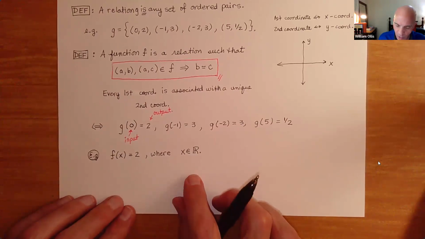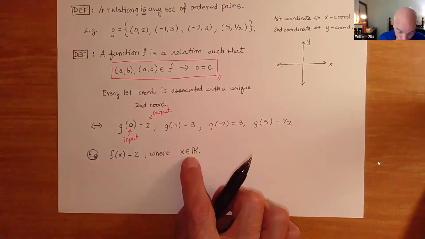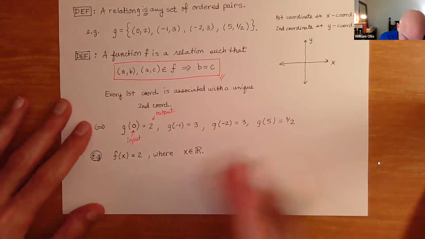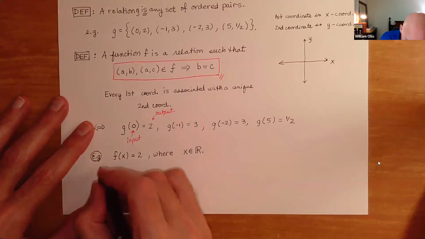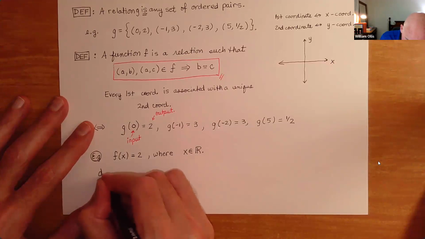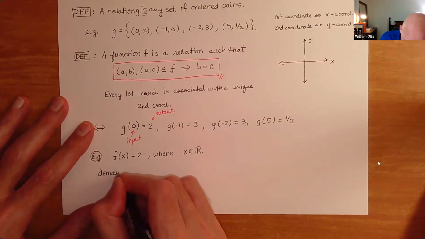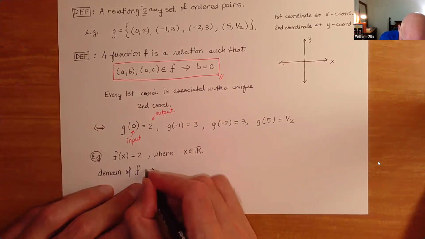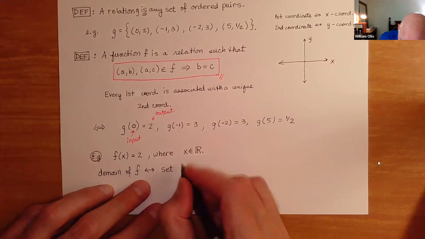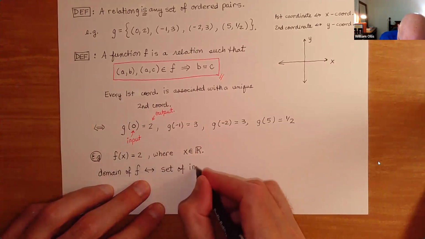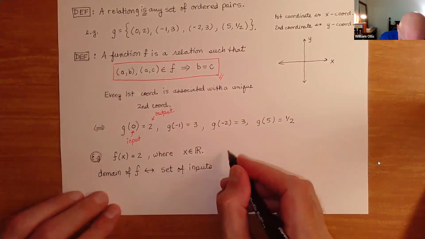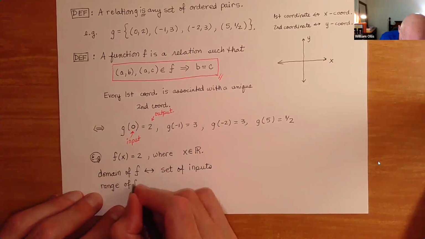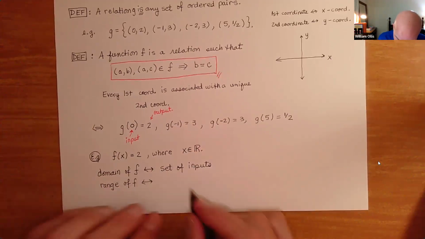And then what we want to do is think about why I've written this. Remember, I said the set of inputs, the set of outputs. We call that the domain for the input. So we're going to say the domain of f corresponds to the set of inputs. And the range of f corresponds to the set of outputs.